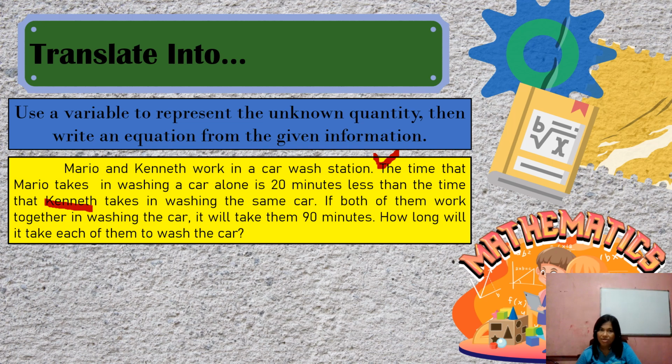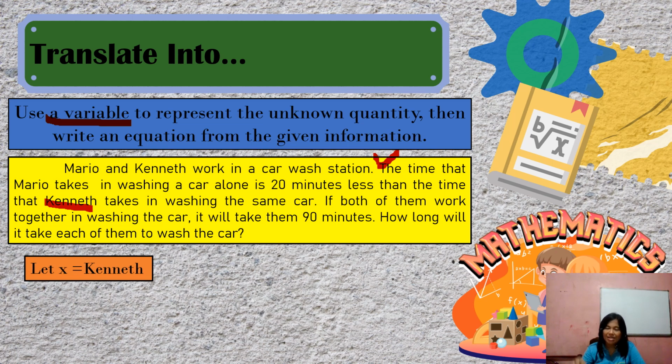Okay, si Kenneth yung last na mention. So, we will use a variable. So, overused na yung x, pero yun pa rin yung ginamit ko dito. Kaya, okay lang. So, let x to be Kenneth's time. Okay, kasi medyo mahaba na yung the time that Kenneth will be using in washing the car alone. So, Kenneth na lang. Kenneth's time, x.